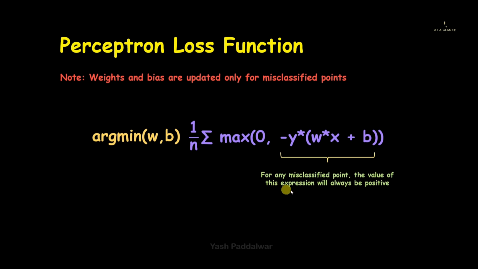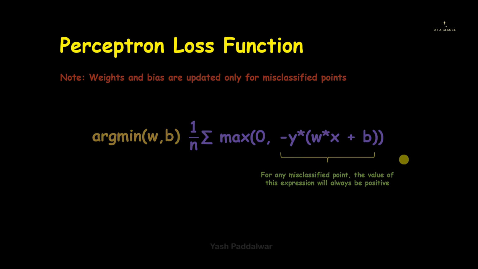We have seen that the value of this expression is going to be positive only when we have a misclassified data point. For any correctly classified data instance, the value of this expression is going to be negative.